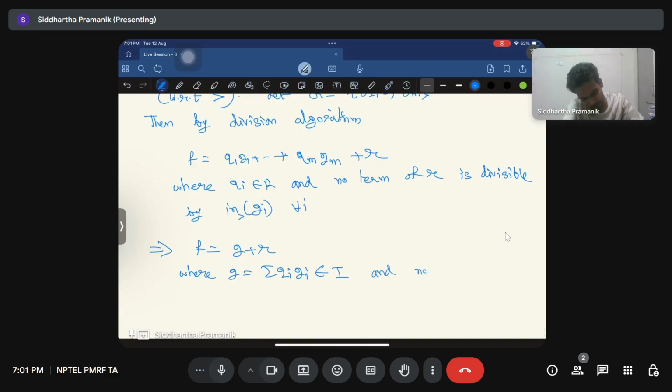And no term of R is divisible by any of the initial terms of Gi.